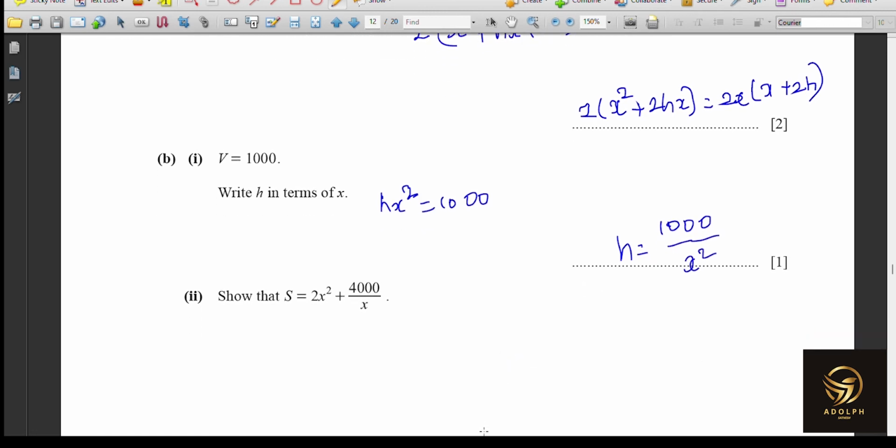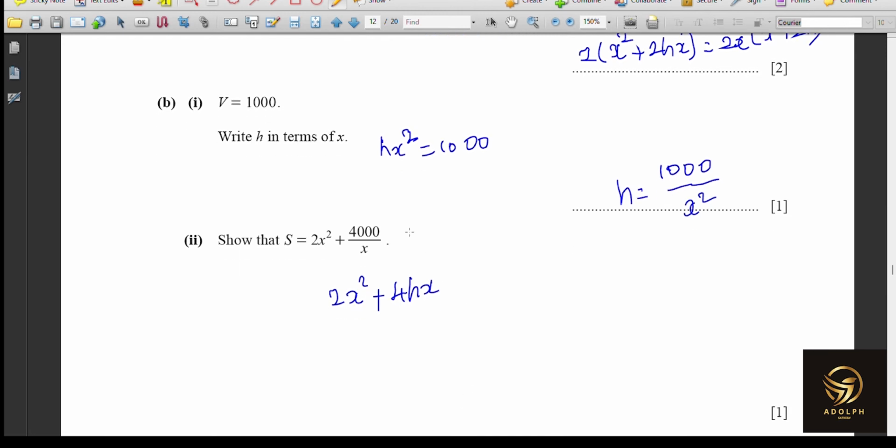Next, they asked us to show that S equals 2x² plus 4000 by x. So maybe this is the thing we can use here. S equals 2x² plus, I'm just expanding it, 4hx.